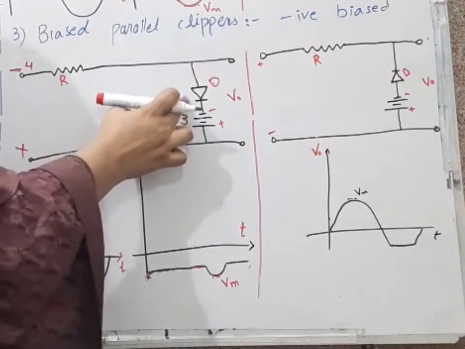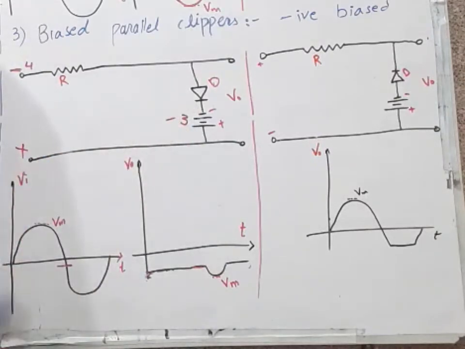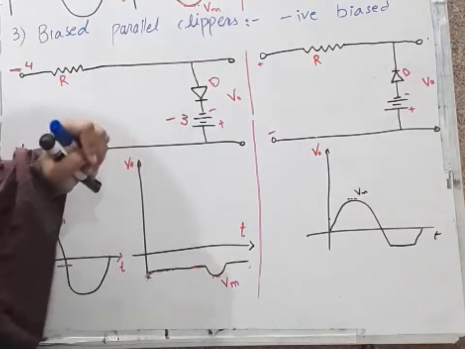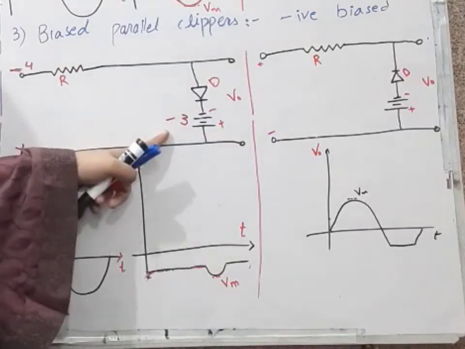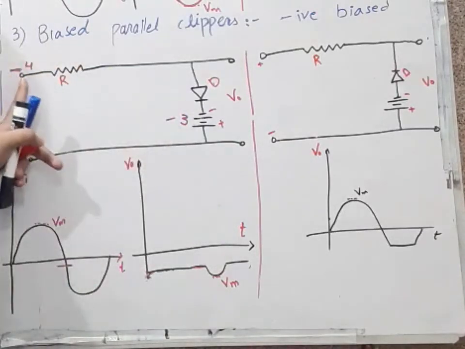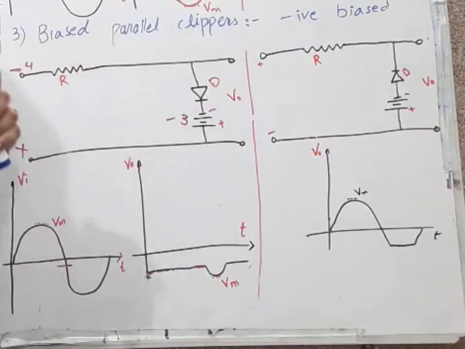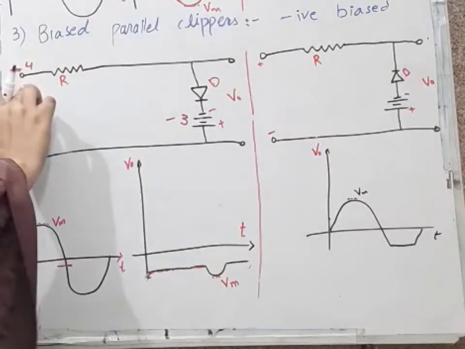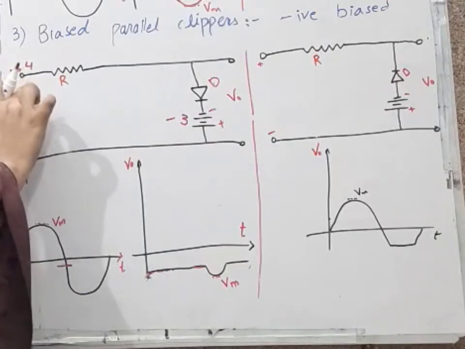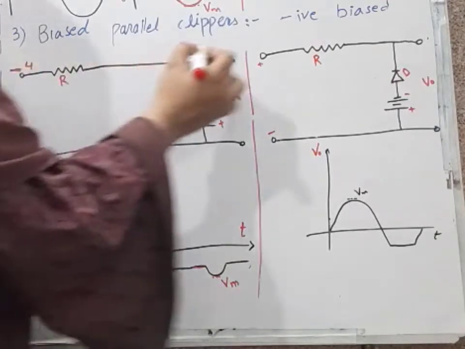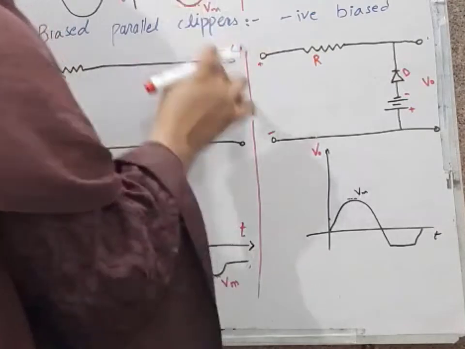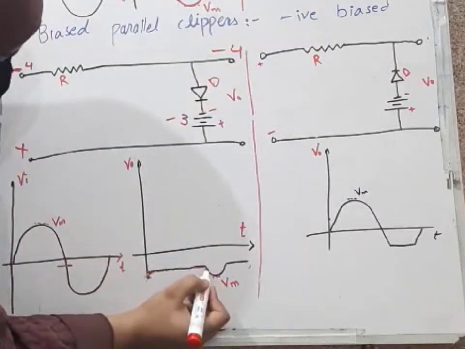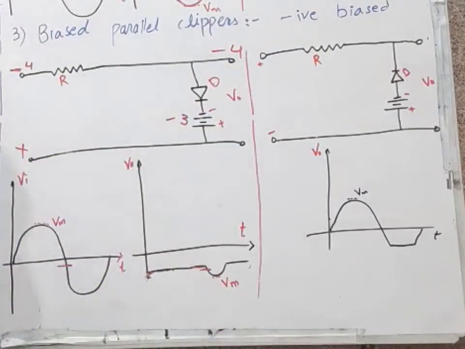Battery is trying to make this diode forward biased, but -4 tries to make this diode reverse biased. In this case, our applied waveform is winning, and we will get the same -4 at the output waveform.